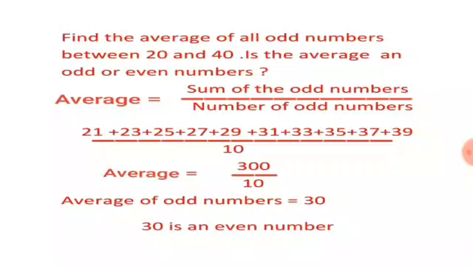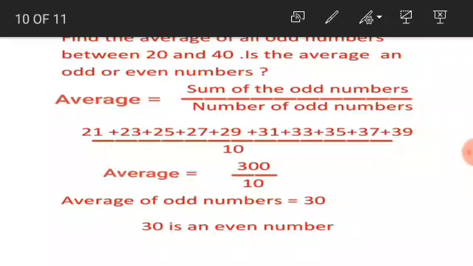So odd numbers between 20 and 40 are 21, 23, 25, 27, 29, 31, 33, 35, 37 and 39. These are the odd numbers between 20 and 40.